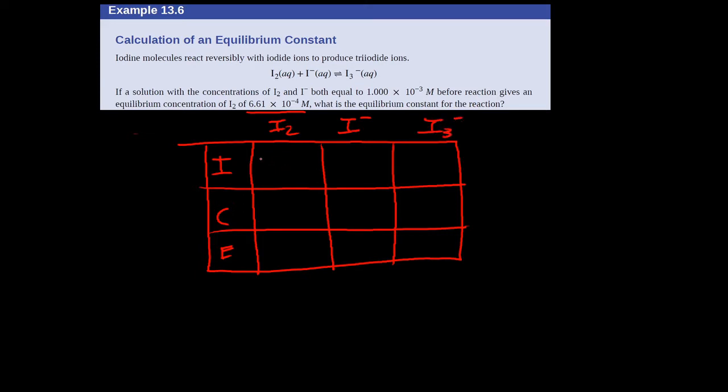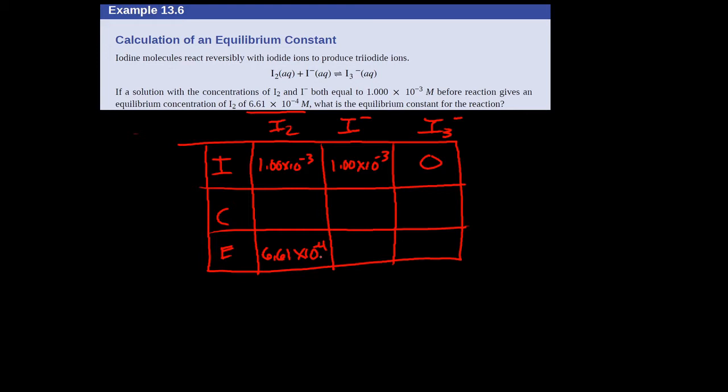I am told that I have 1 times 10 to the negative third of both of these, and I am not told anything about the I3 minus, and so I'm assuming I have none of that.